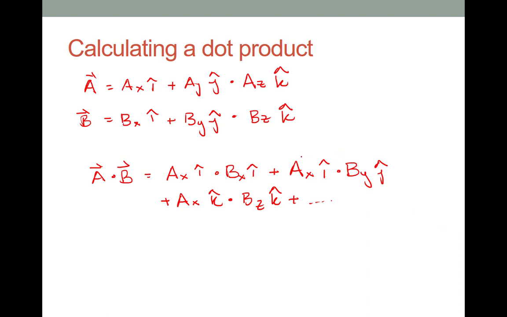But if you look, any term that involves i and j, so the x component with the y component, goes to 0, as does this one. In fact, every term would go to 0 except the ones for the same components.